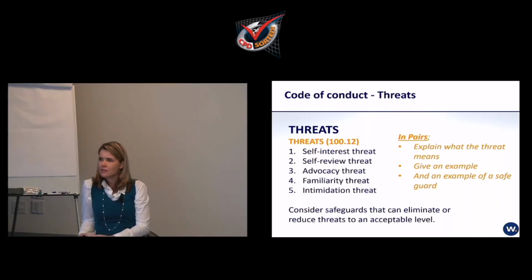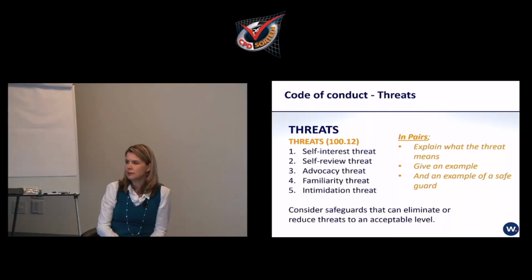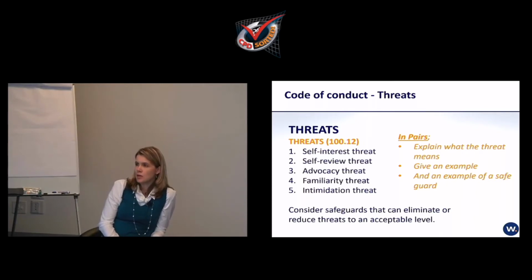Okay, I hope the others of you are thinking of your examples. While Nkosi's answer is coming through, the system is very delayed. Sorry, guys. I'll come back to your answer, Nkosi, when it comes up. Self-review threat.